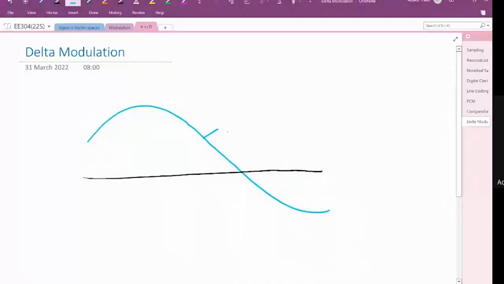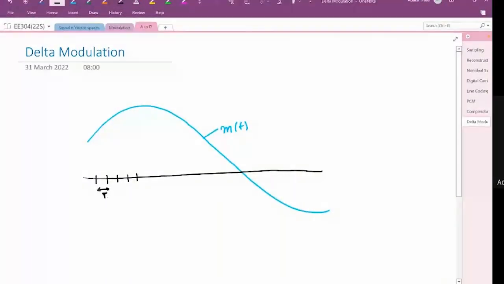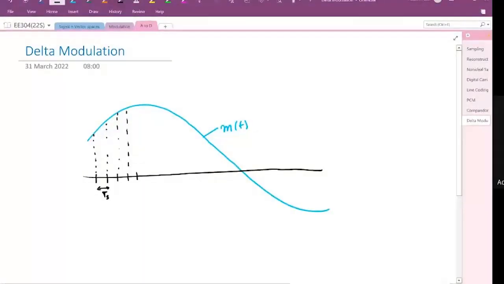In pulse code modulation that we have done in the previous lectures, whatever samples we are taking, supposing this is TS, the sampling duration, we check the value of the message signal at that sampling instant, and then we approximate it to a level, to some level which is this.